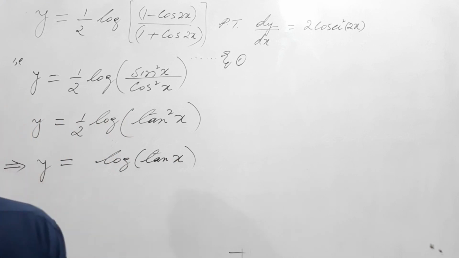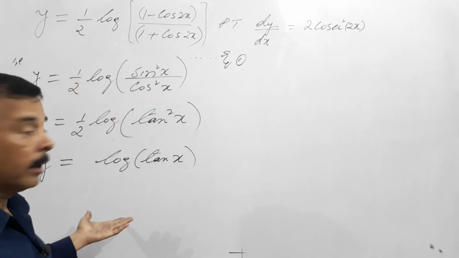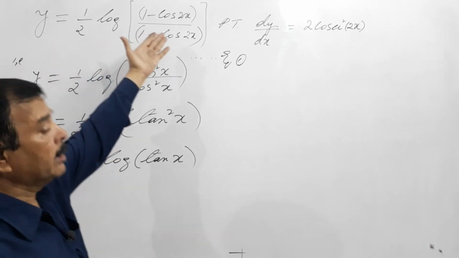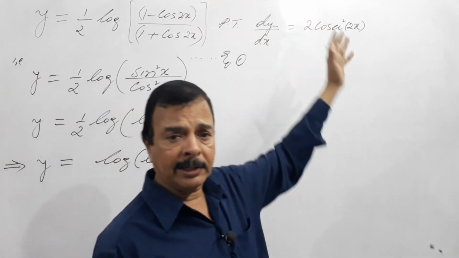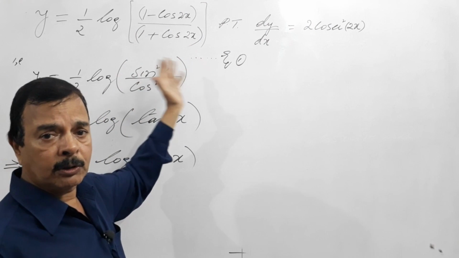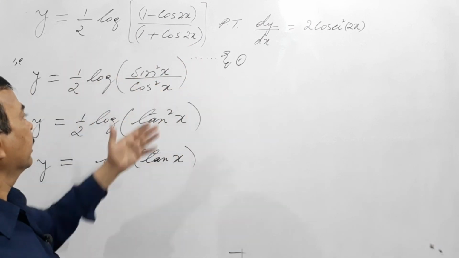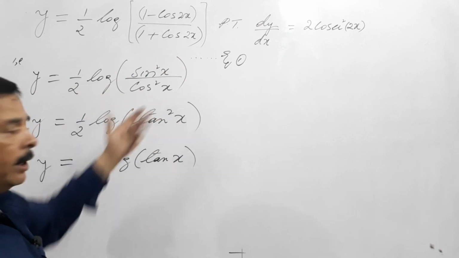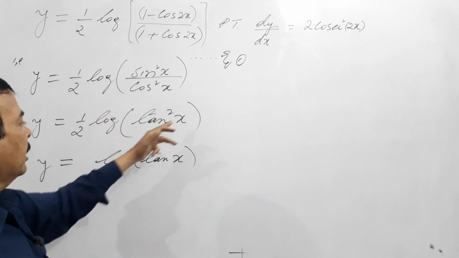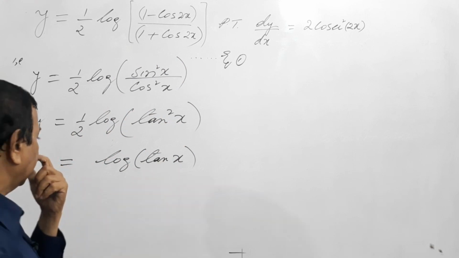Therefore y becomes log of tan x. Now we will differentiate this. See, we have reduced this equation: we took 1 minus cos 2x as 2 sin square x and 1 plus cos 2x as 2 cos square x, so that has become half log of sin square x by cos square x, so half log tan square x, which reduces to log of tan x. So if you differentiate this, what happens?